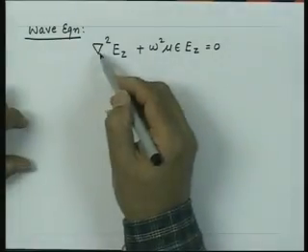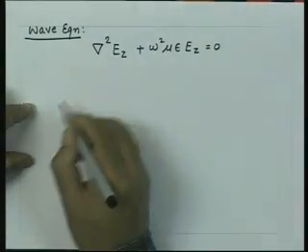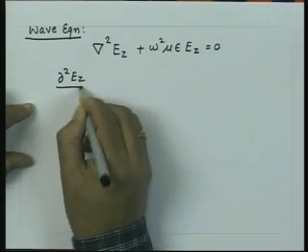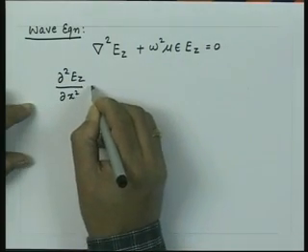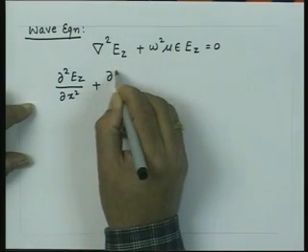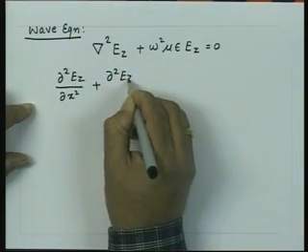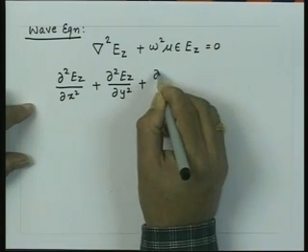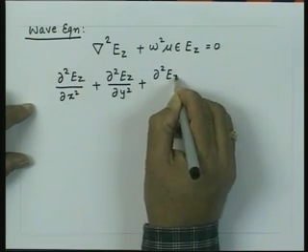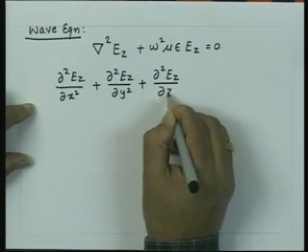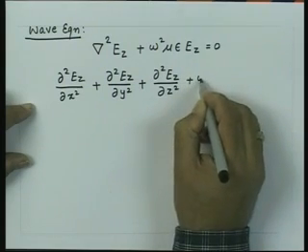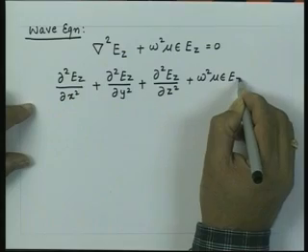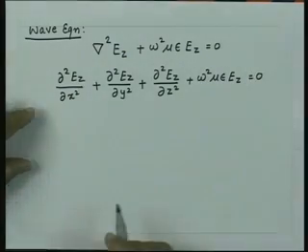We can expand this del square in the Cartesian coordinate system. So, we get d2 Ez by dx square plus d2 Ez by dy square plus d2 Ez by dz square plus omega square mu epsilon Ez, that is equal to 0.